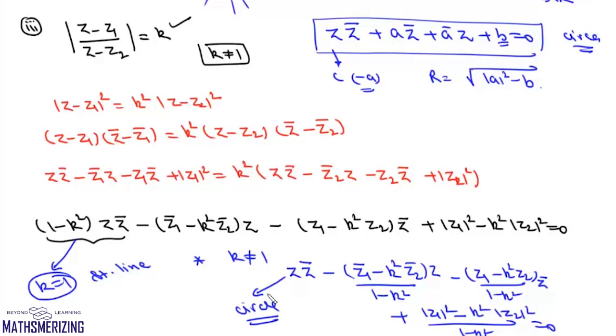So basically if this k is unequal to 1, then this equation will represent a circle, and basically this circle will be the Apollonius circle.